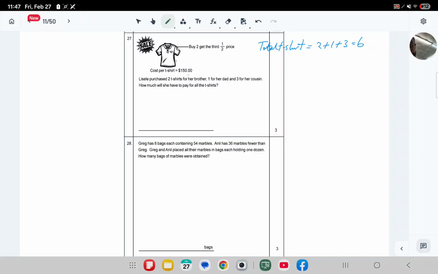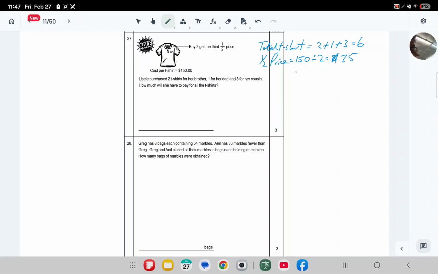From here now, I want to calculate how much is half price. So that'll be 150 divided by 2, which is equal to $75. So we know every 2 t-shirts she is paying $75 for.